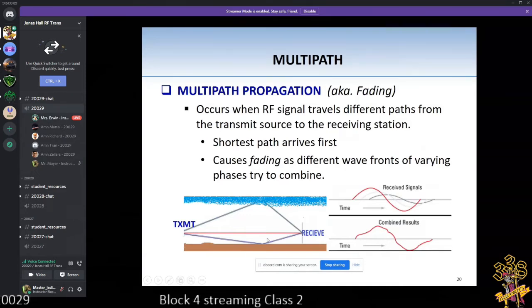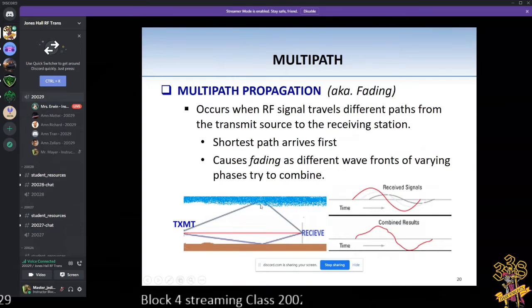Some of it may get reflected, some of it may go up into the ionosphere, some of it may run into a building and get diffracted. So there's all kinds of things that can happen to your signal when it leaves the transmit antenna before it gets to the receiving antenna.